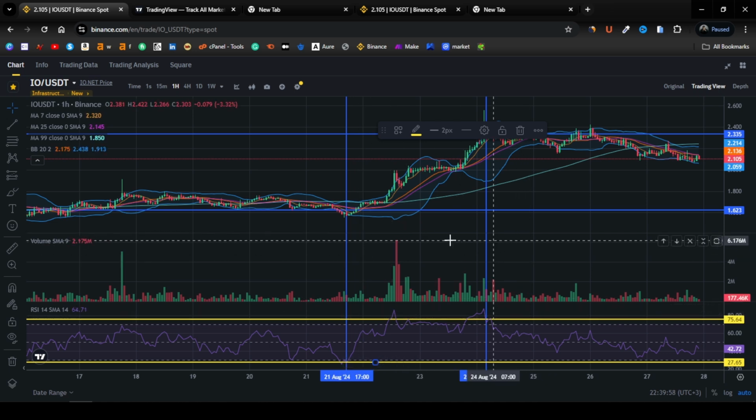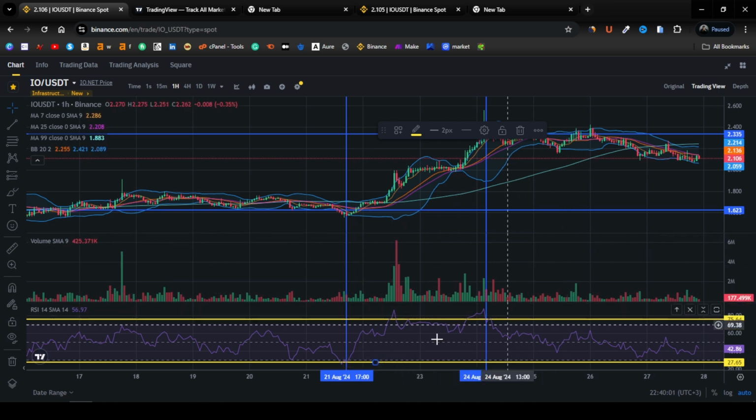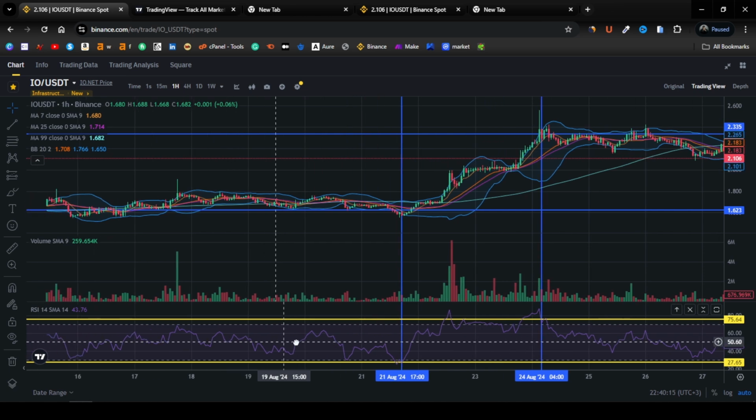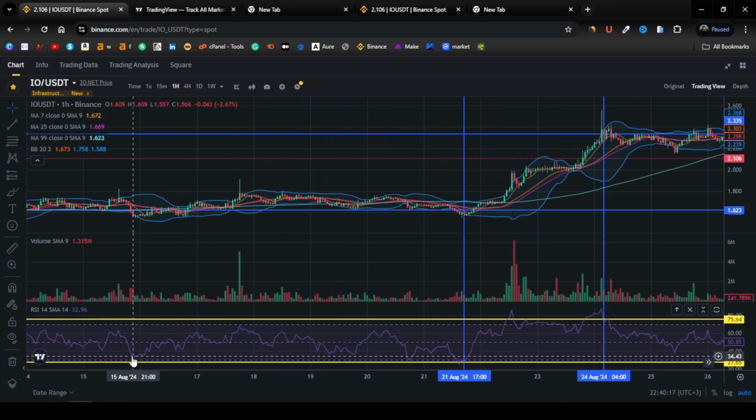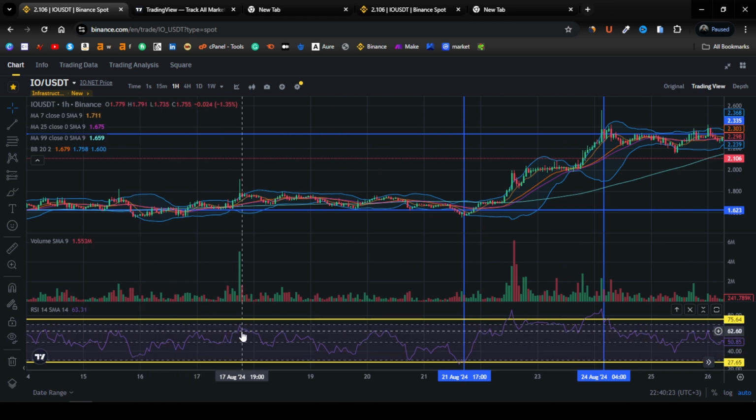Right, so you can see every time this line, which is like a moving average or the RSI, touches this line here, the prices are low, and they always go up.